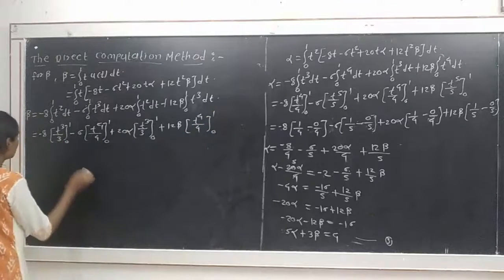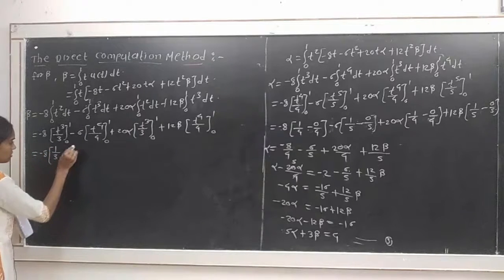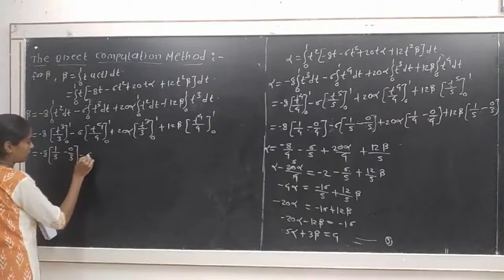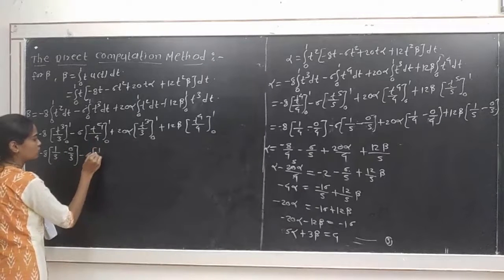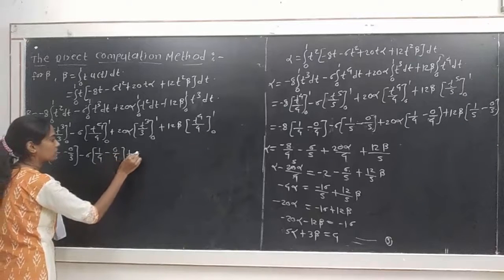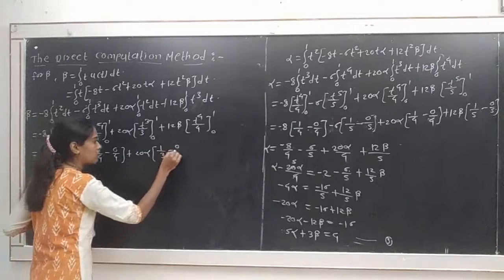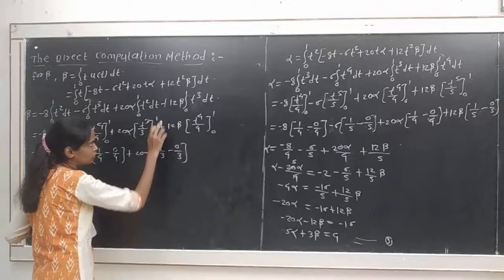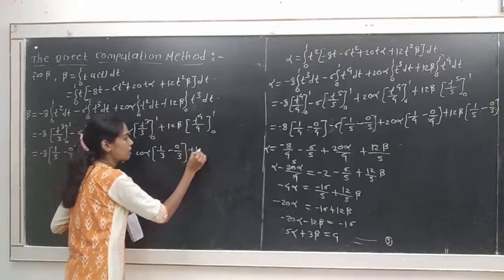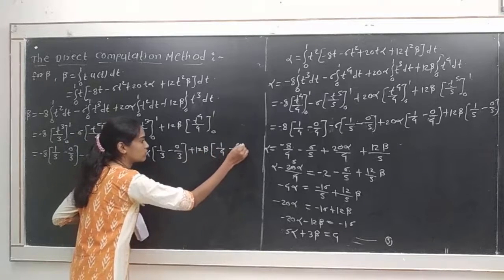Then we put the limits. We get minus 8 times, 1 cube will be 1, that is (1 by 3 minus 0 divided by 3), minus 6 times, 1 raised to 4 will be 1, (1 by 4 minus 0 by 4), plus 20 alpha times (1 divided by 3 minus 0 divided by 3), 1 cube will be 1, plus 12 beta times (1 by 4 minus 0 by 4).